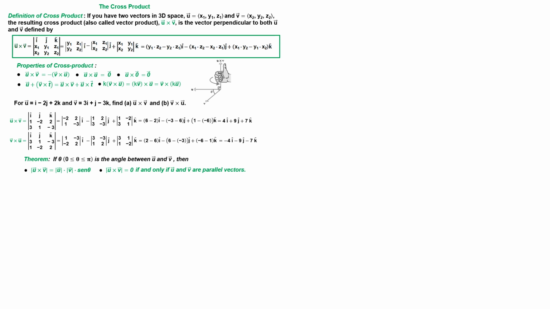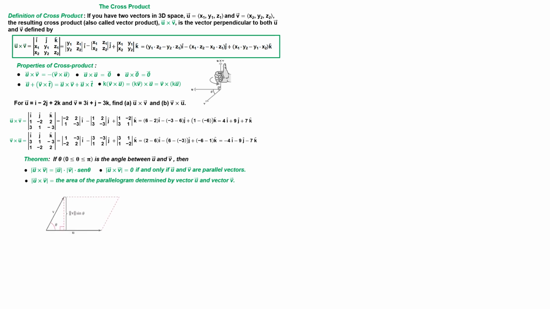This third property states that the length of the cross product u cross v is equal to the area of the parallelogram determined by vector u and vector v. To prove this property, we locate vectors u and v such that they form adjacent sides of a parallelogram.